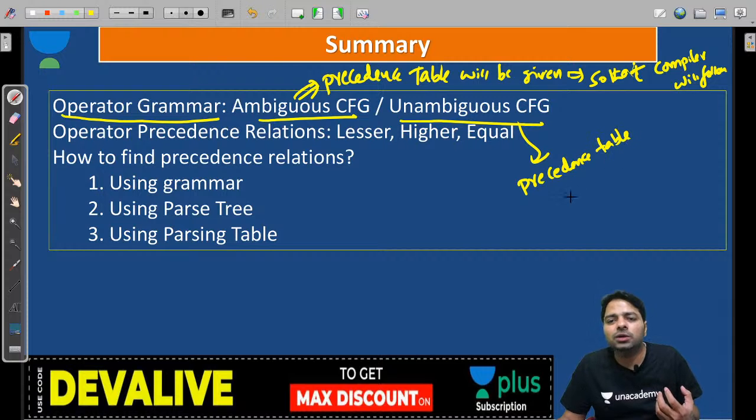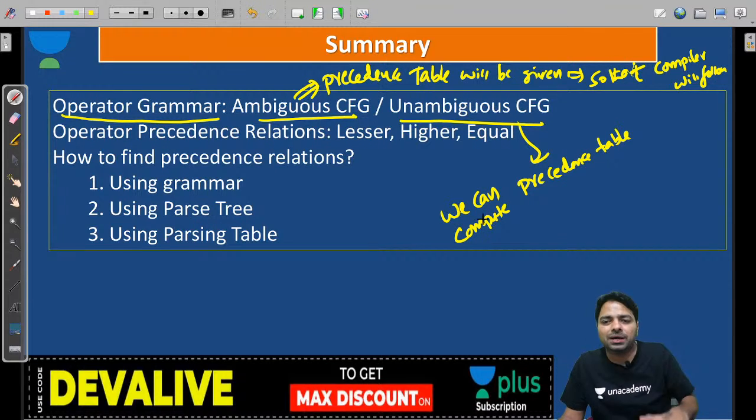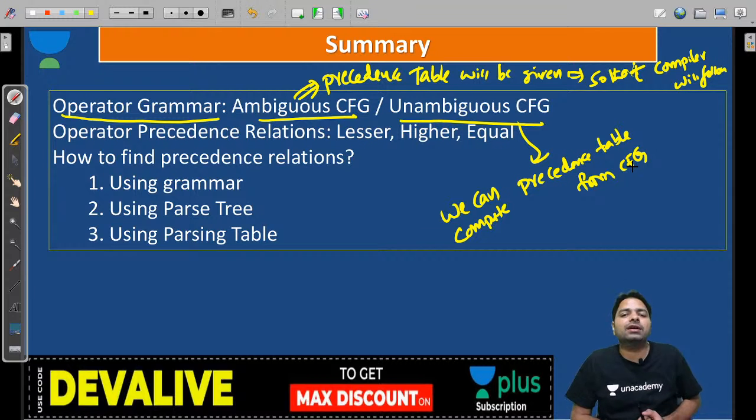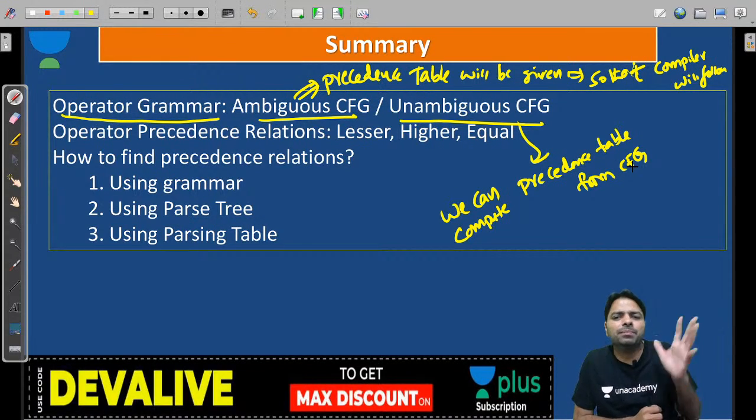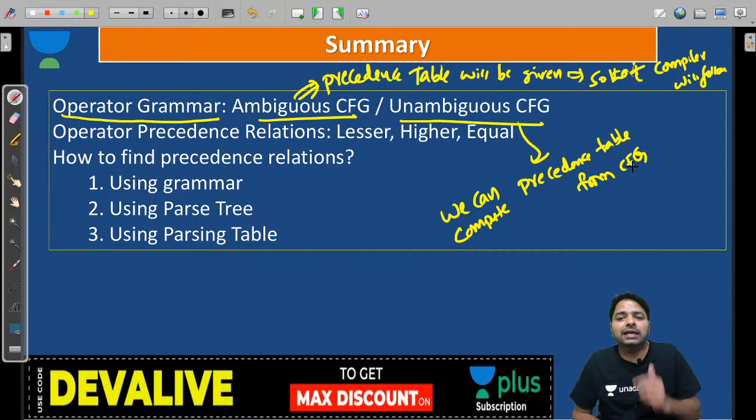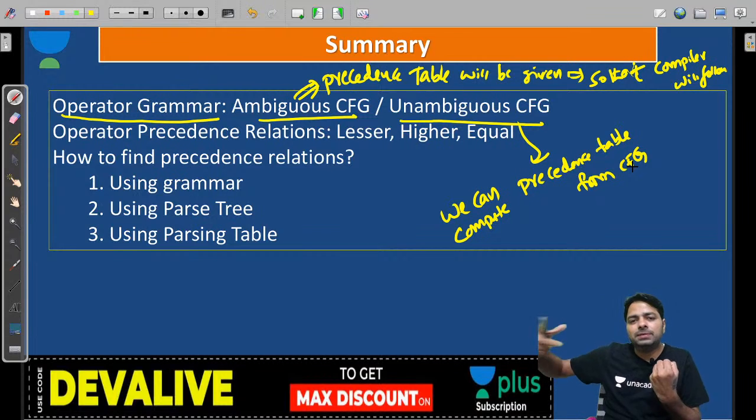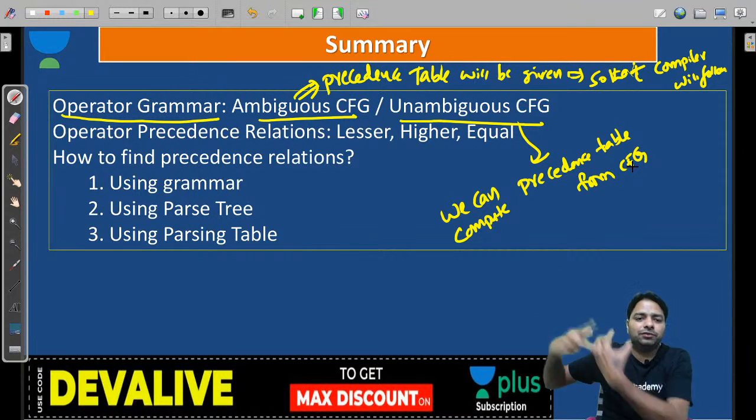Precedence table we can compute from the grammar because we will have clarity in the grammar. With ambiguous grammars, we will have confusion about what the relations could be. Sometimes you can compute for some operators, but not every one. That is the advantage of unambiguous grammars. But whenever you take ambiguous, also keep the table with you so that the compiler will never confuse.